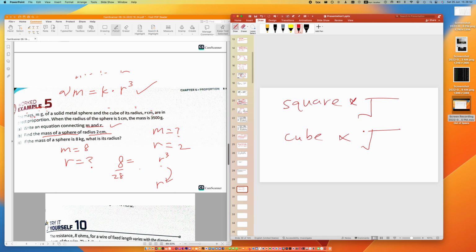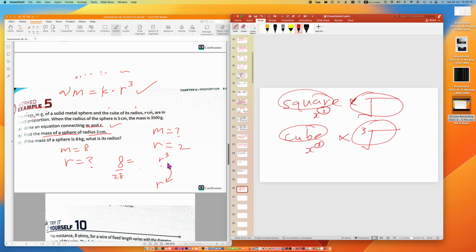How do you write cube root? What's the meaning of square? Square means x to the power of 2. This is called square. What's the meaning of cube? So the opposite of square is square root. The opposite of cube is cube root.